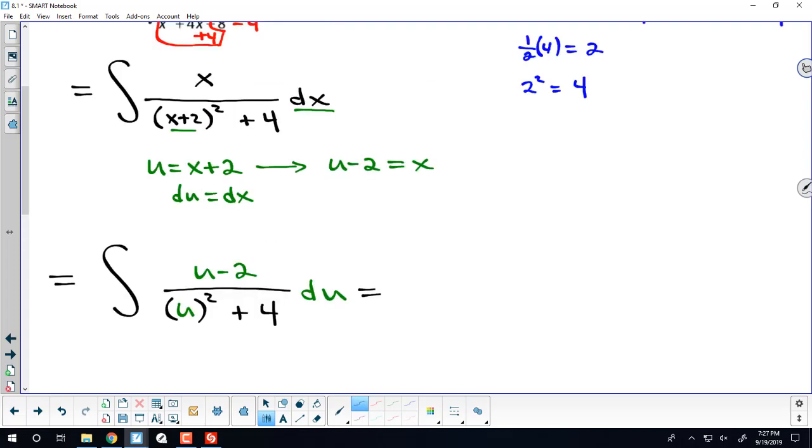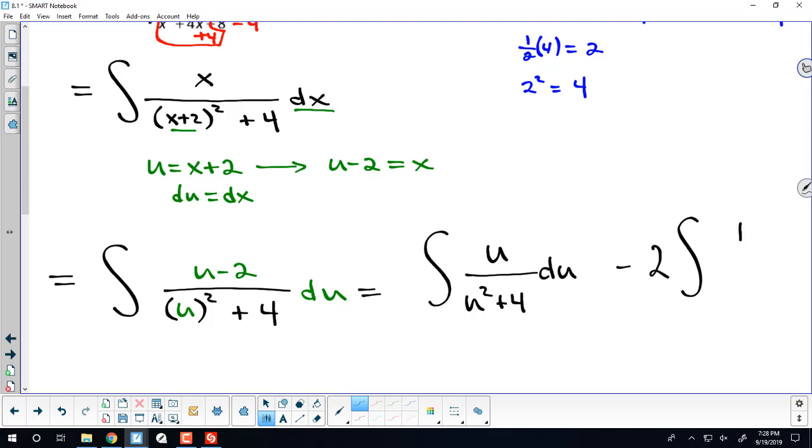The idea is now what we couldn't do with the x over x plus 2 squared plus 4 is split that up. When we get these two terms in top, we can split this up now into two different integrals: u over u squared plus 4 du minus 2 times the integral of 1 over u squared plus 4.